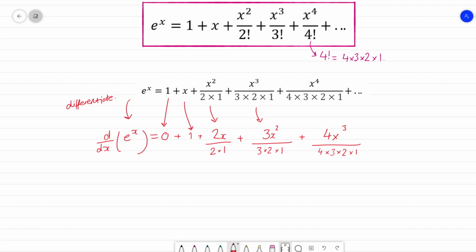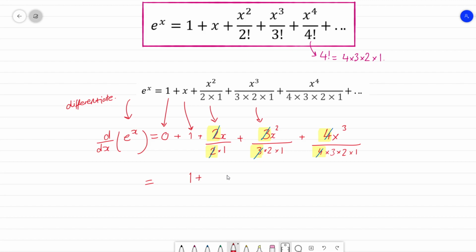Now the reason I've written out these factorials fully, you might be able to see that there's going to be some terms cancelling out in this expression. So the 2 that has been generated from differentiating is going to cancel out with the 2 here. The 3 and the 4 are also going to cancel out. So when I tidy it up, I get this expression. I can ignore the 0.